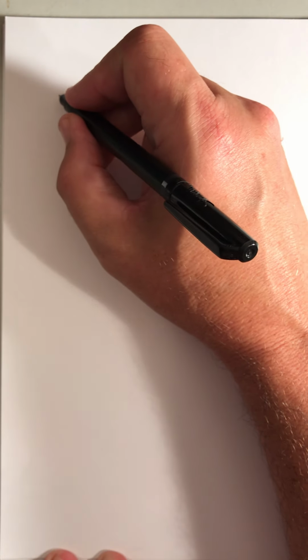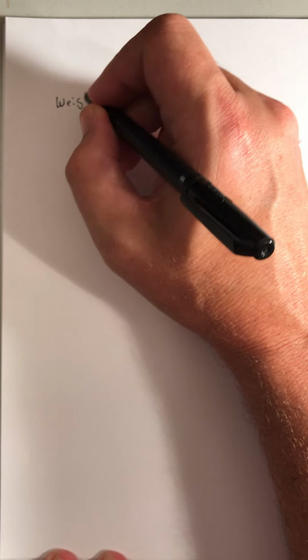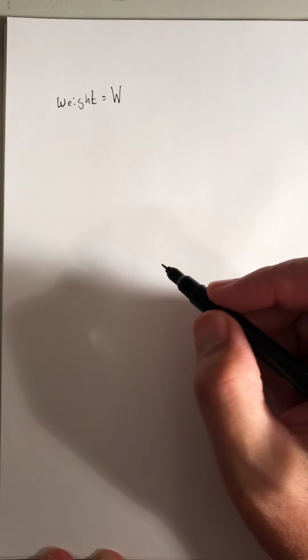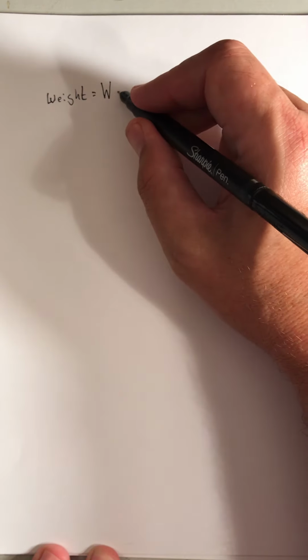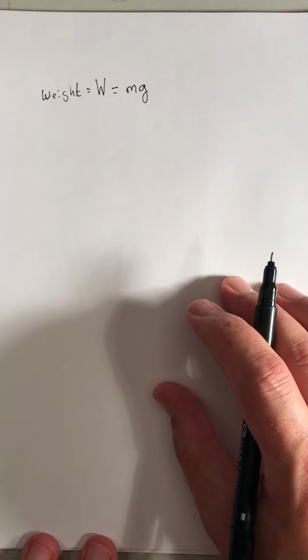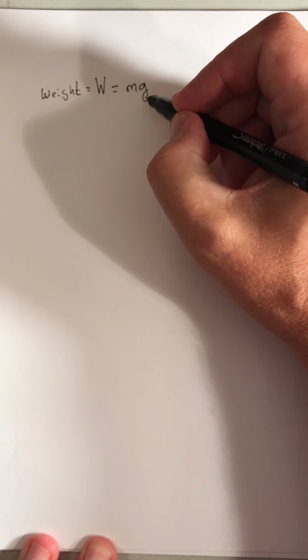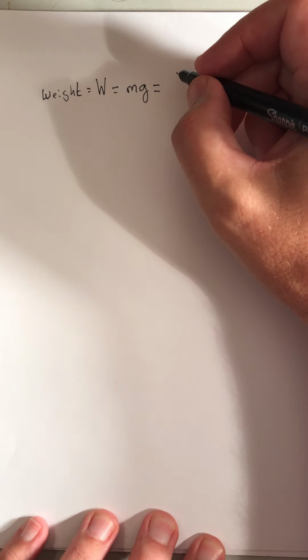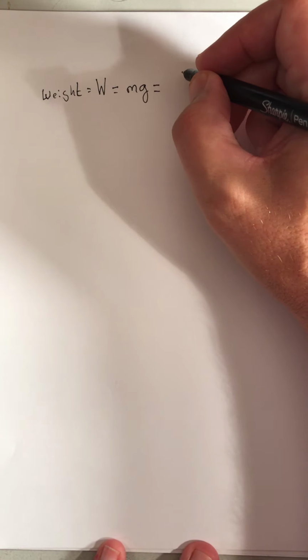I'm going to work through an example of the force of gravity, in a very particular case, so the force of gravity on you, which we ordinarily would just call your weight. So your weight, which we'll call W, is your mass in kilograms times the acceleration due to gravity, which is little g, and that also has to be the force of gravity pulling on you from Newton's law of universal gravitation.